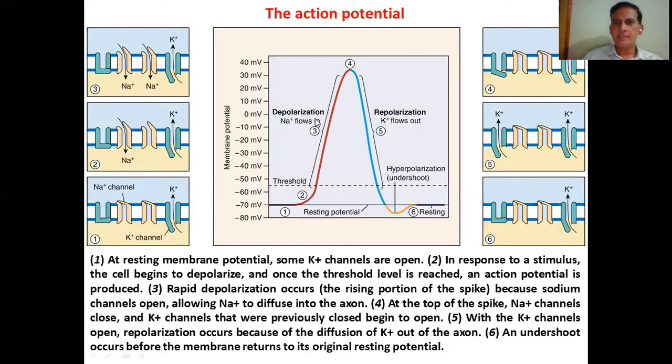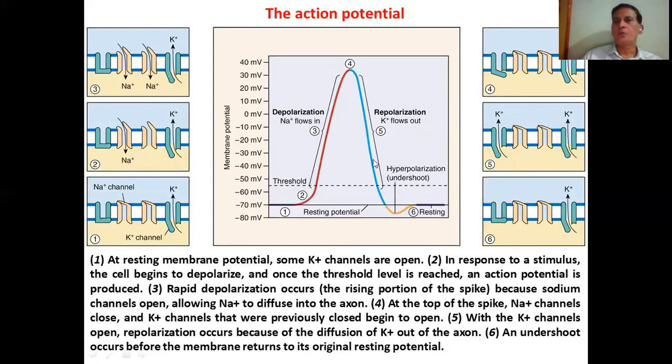When the spike has been generated, the sodium channels close and the potassium channels open. Potassium will move out and try to balance the increase in positive charge, the depolarization caused by the uptake of sodium.